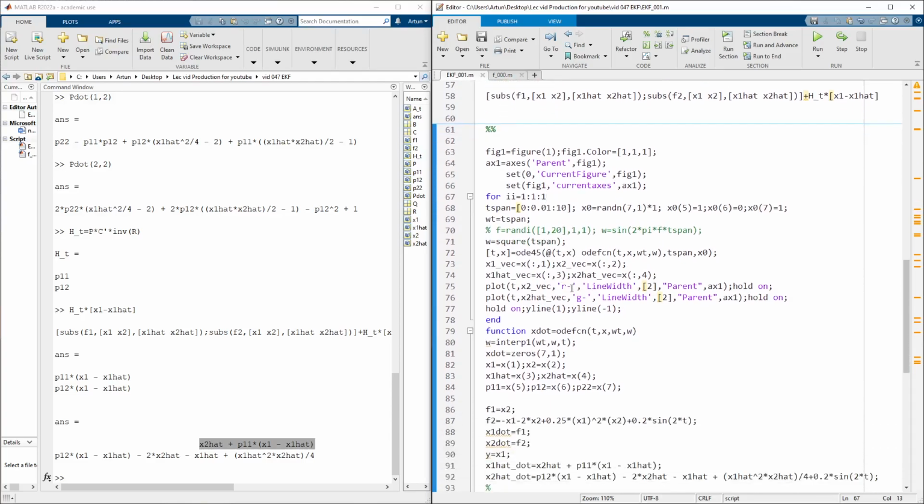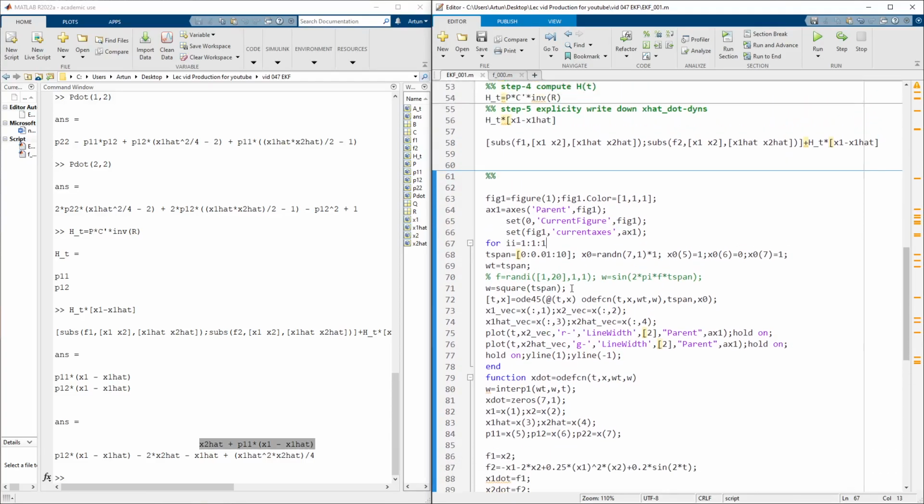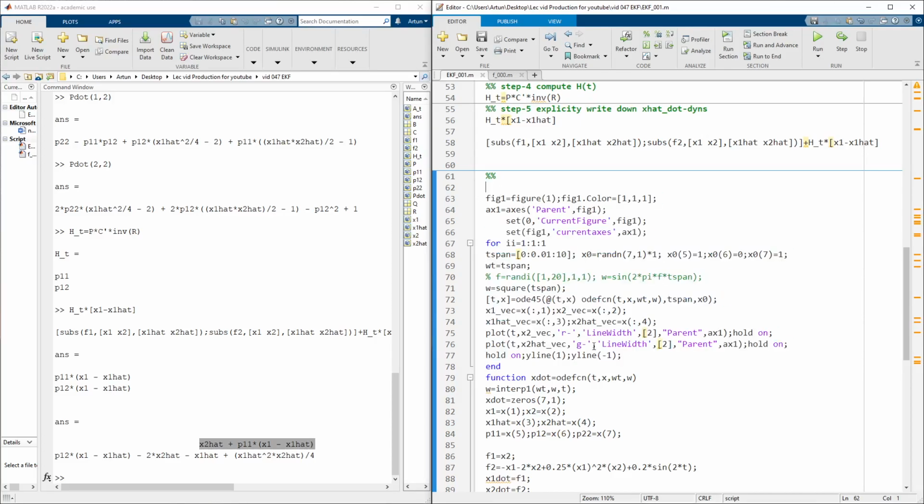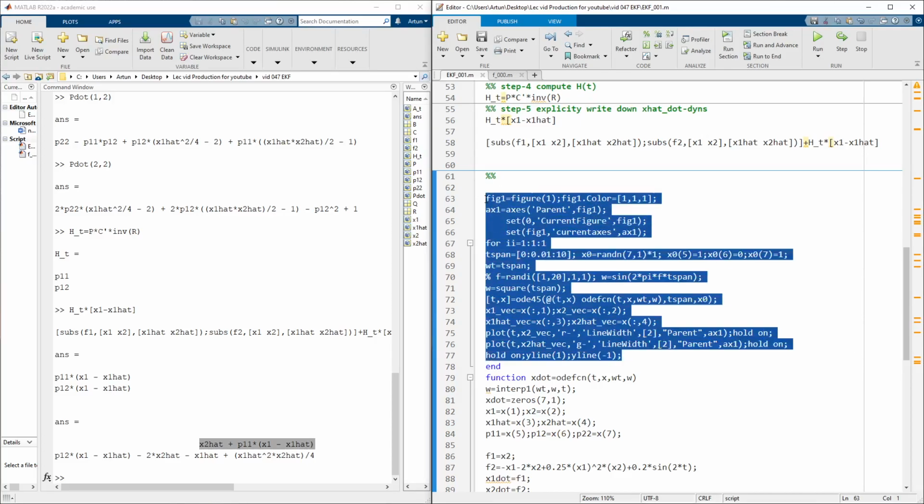First of all, I feel like you are familiar with this. This is just a typical code for running a bunch of ODEs. This is the code that I just copied and pasted into this script.